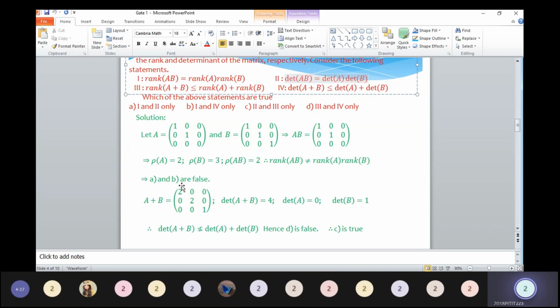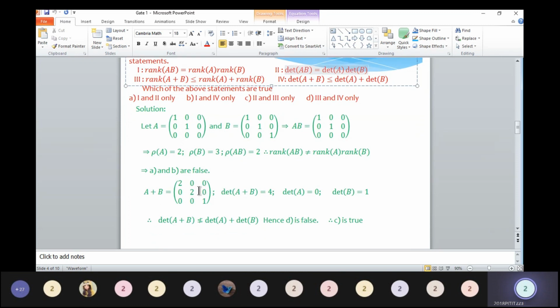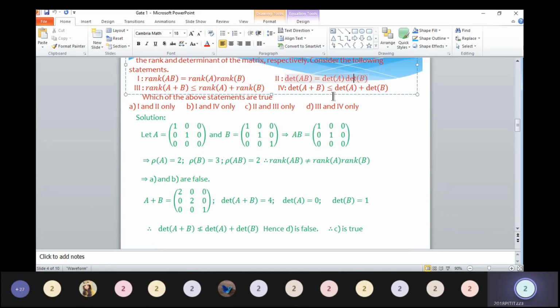If I show statement 4 is false, then definitely A and B are false, and I have to check C and D. So either 2 and 4 I have to check.